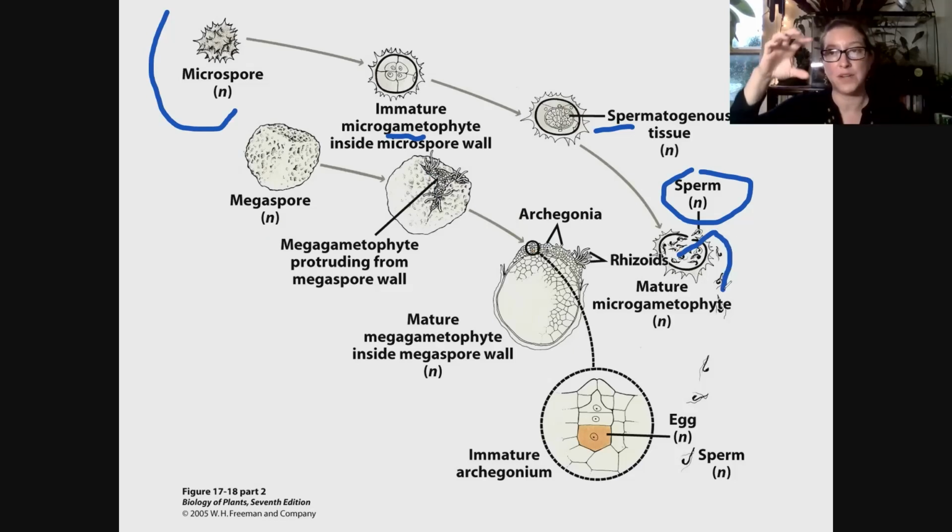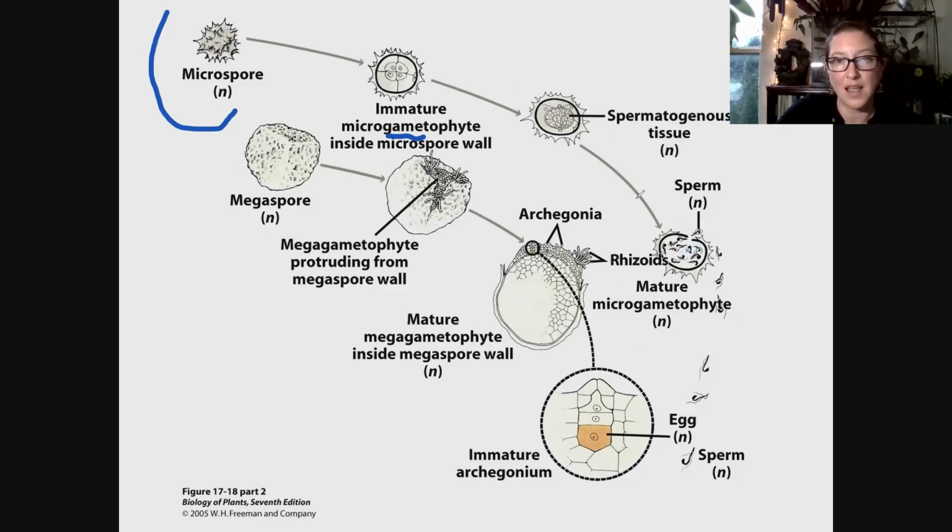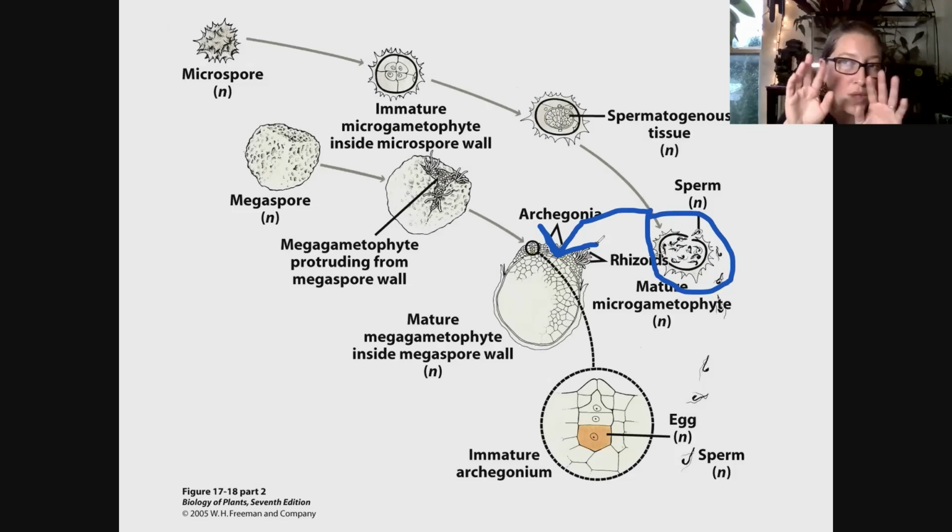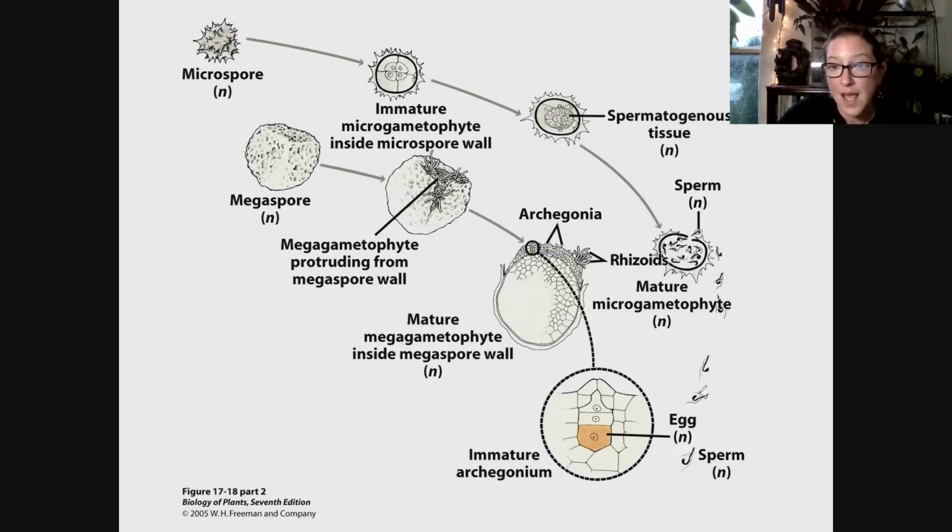And what actually will happen is microspores will land on the megaspores, right? So that's how the sperm is going to get to the egg in this case. One of these microspores will actually land right onto the female gametophyte that's just poking out a little bit of that megaspore. And so there you go. Here's sperm, and sperm eventually is going to fuse with that egg, right? Okay.